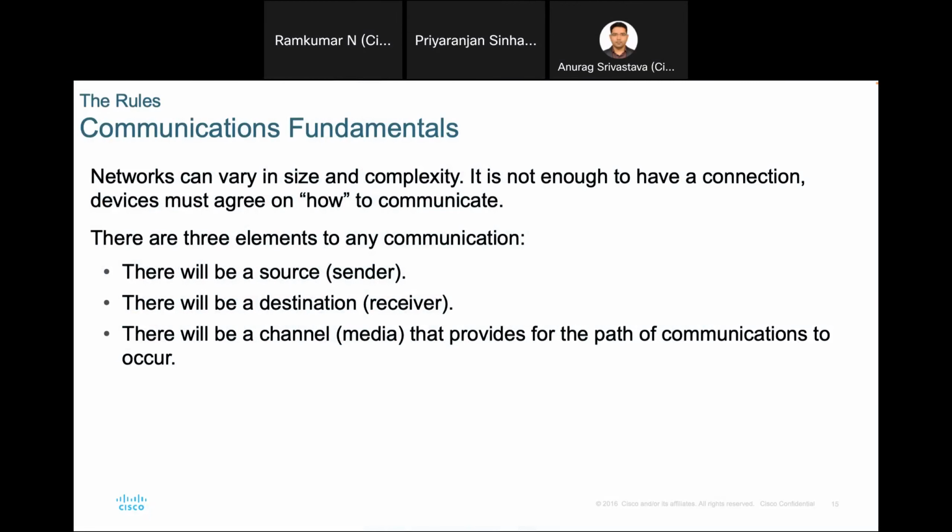So he is sending a message in WhatsApp, happy birthday to Ramesh. Here, Suresh is the sender and Ramesh is the person who is receiving that message, so he is called the receiver. And media, you are using WhatsApp to send this message, so WhatsApp is the media. In order to have a successful communication, you need sender, receiver, and media.